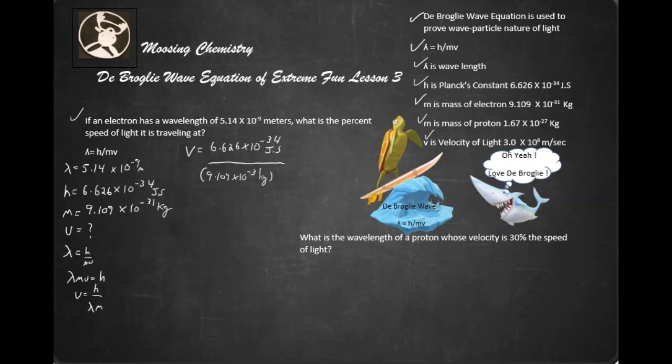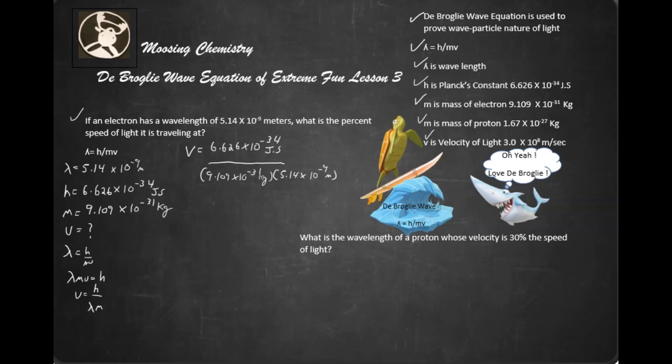Times our wavelength, 5.14 times 10 to the negative 9 meters.